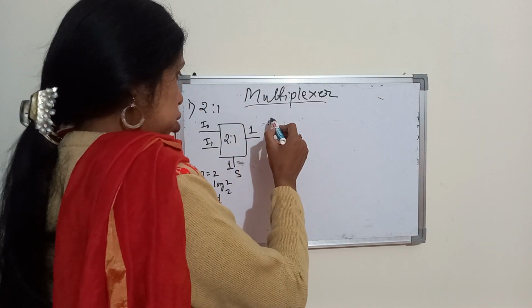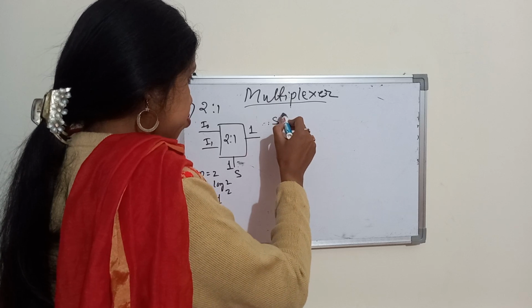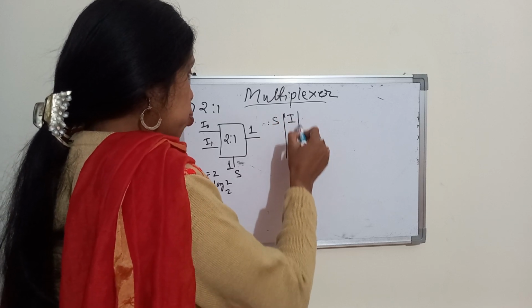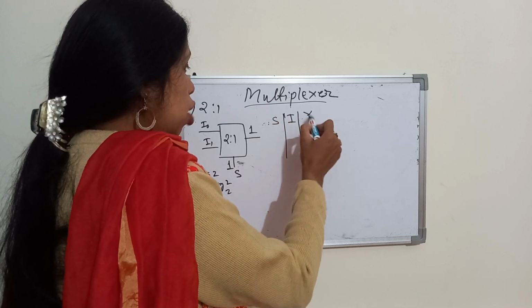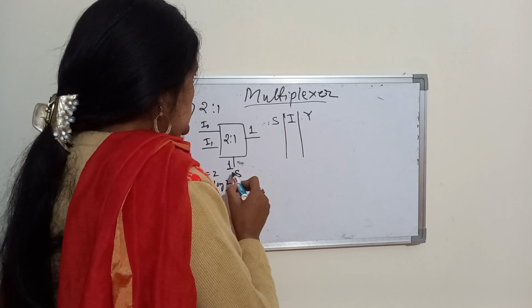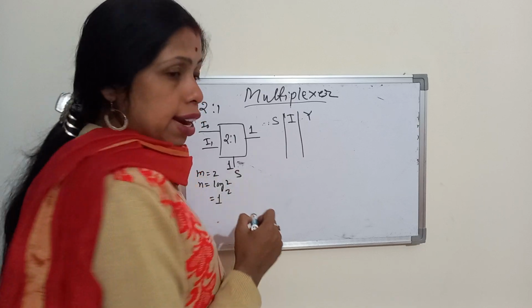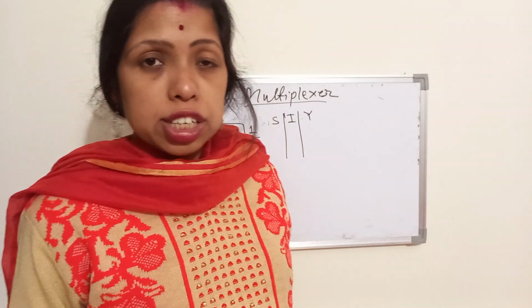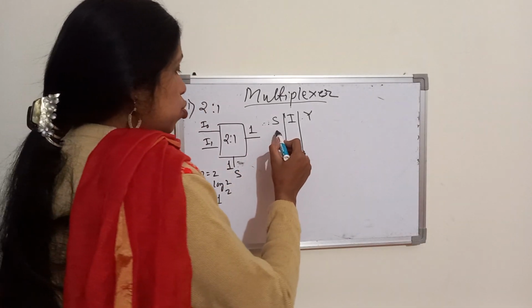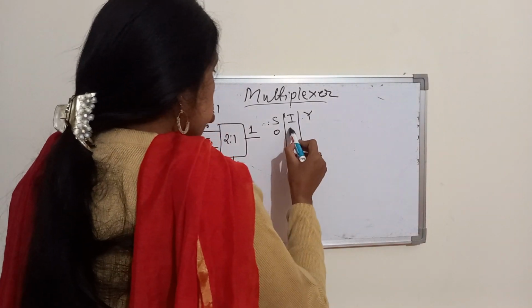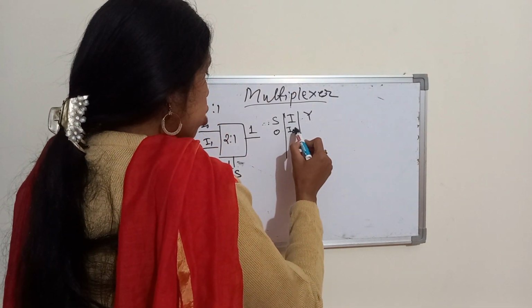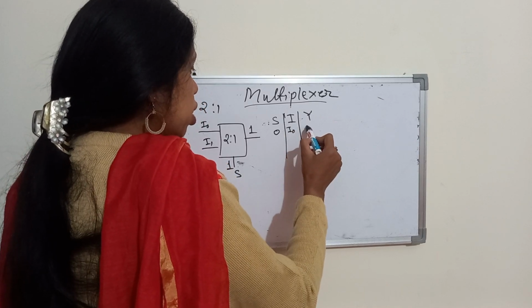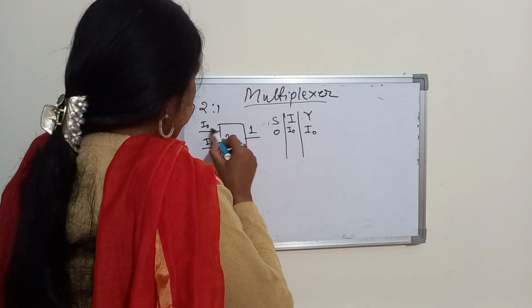So here, select line, input lines, output. If there is one select line, one variable, how many combinations can we write? We can write 2 combinations. Either S is 0. If S is 0, I have I0, and in the output I will get I0 information.